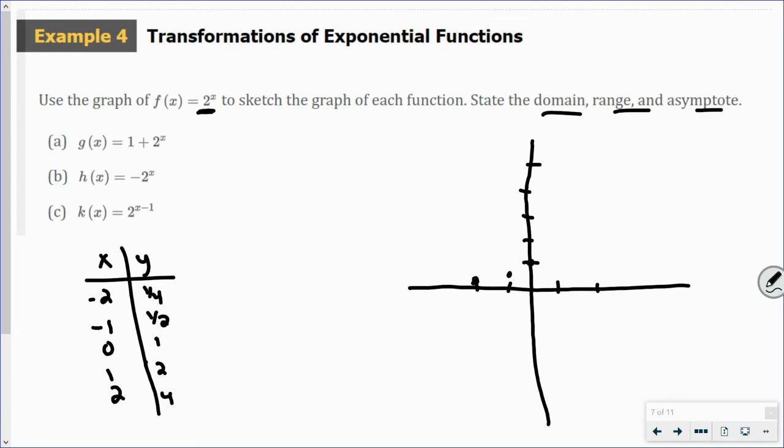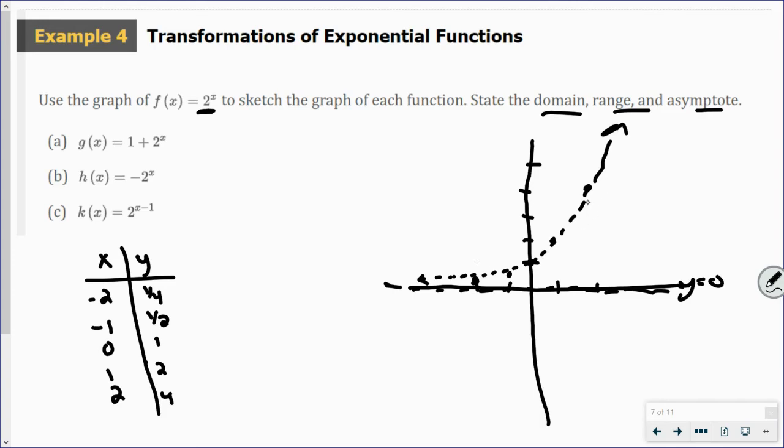This is your parent function. All parent function asymptotes start right here at y equals 0. That's where your asymptote starts, and I can stretch, shrink, flip, and shift the asymptote just like my graph.